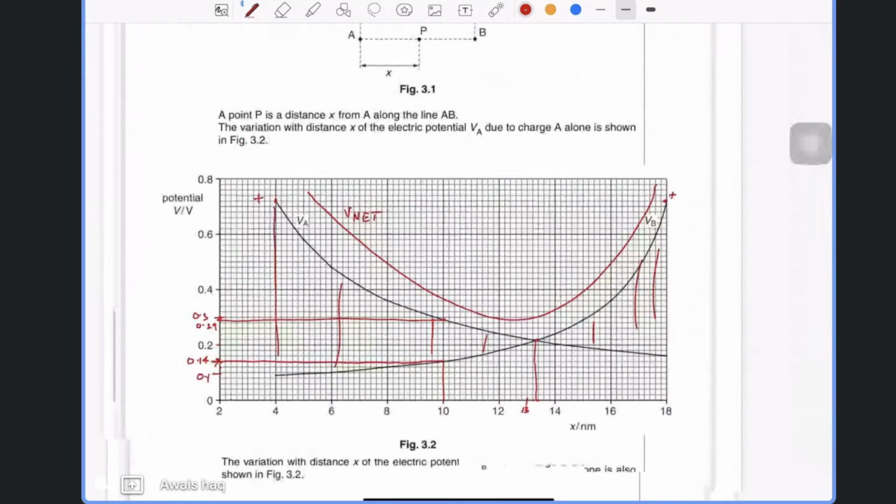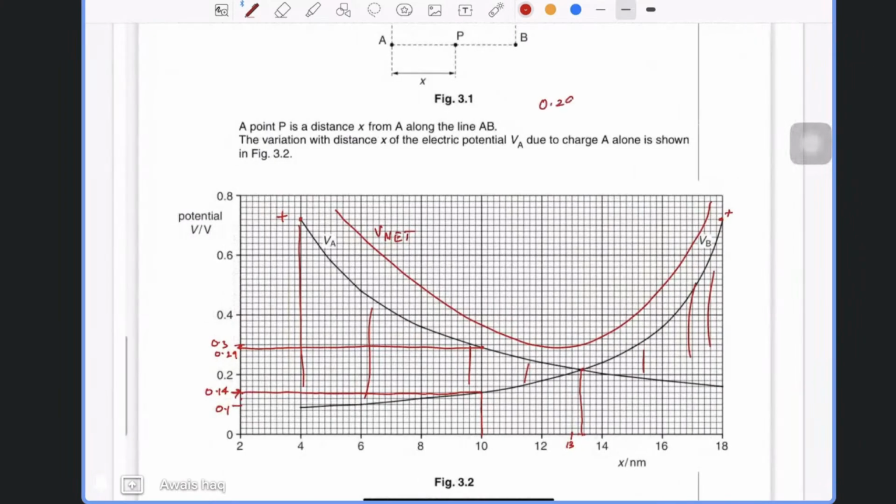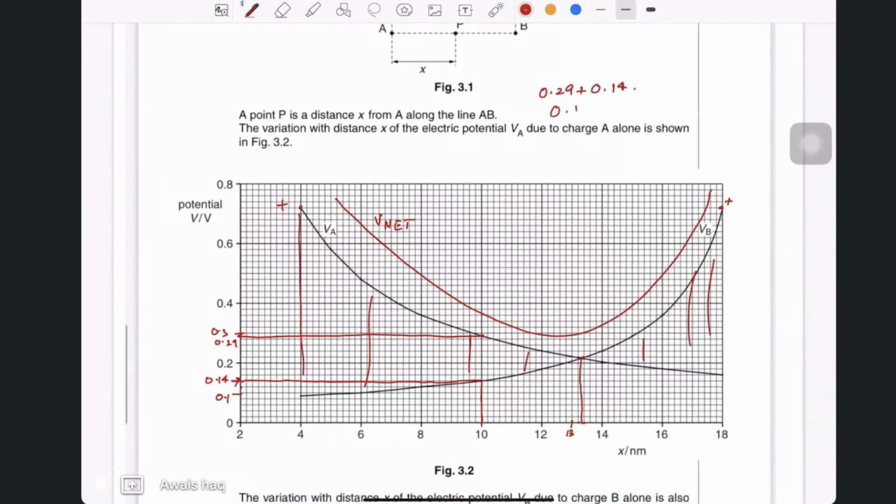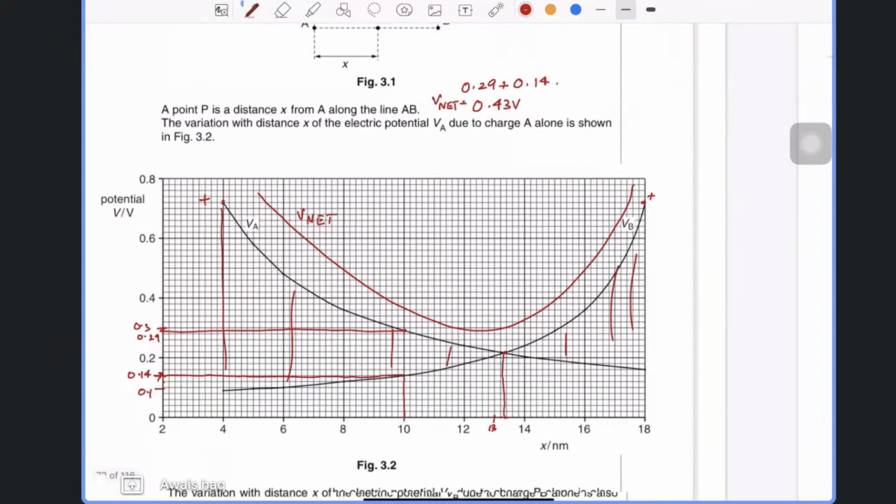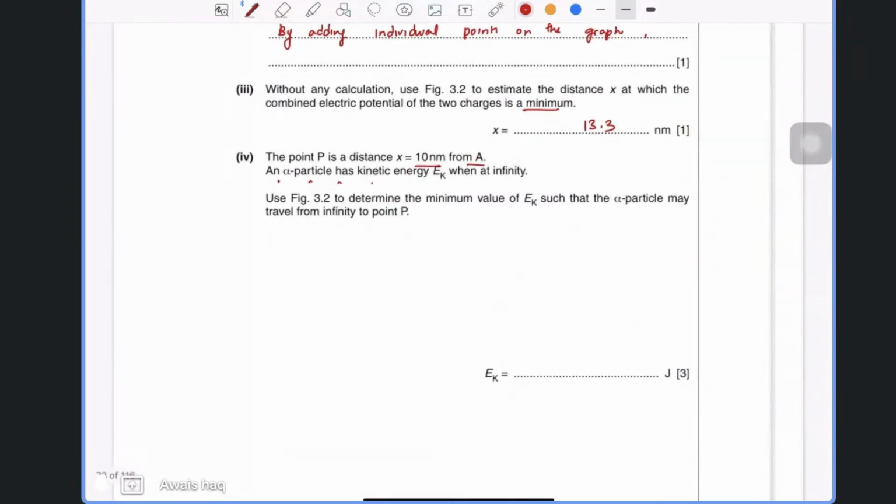What would be the potential? 0.29 plus 0.14 is 0.43 volts. So this is the net potential because of both fields here. So if there was an alpha particle, we got the potential value.